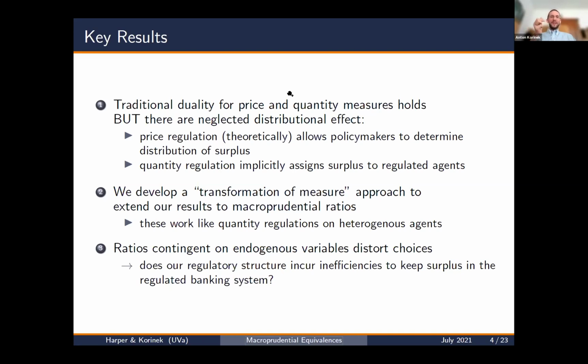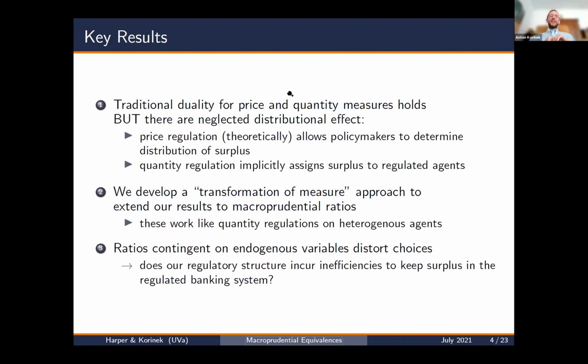So if we had something like macroprudential taxes, there's an explicit revenue generated, and that makes it very explicit who will receive that revenue. On the other hand, quantity regulations and later on also ratios implicitly assign the surplus to the agent who is subject to the regulation.